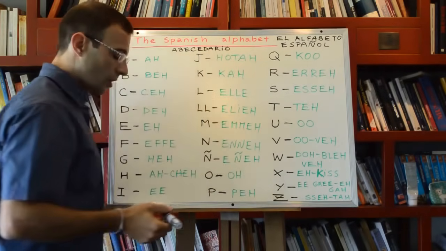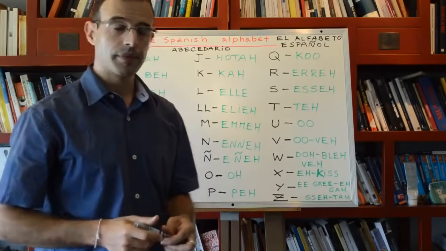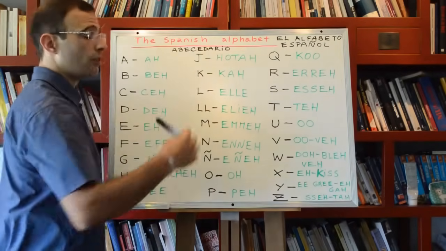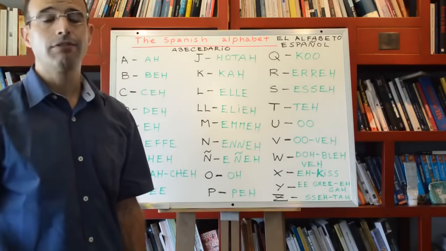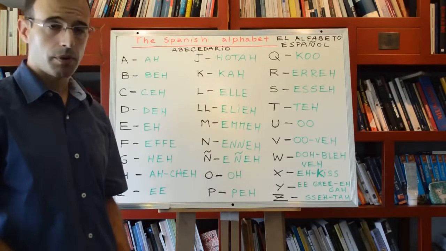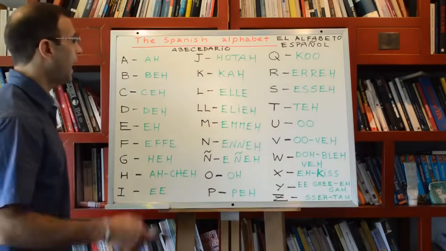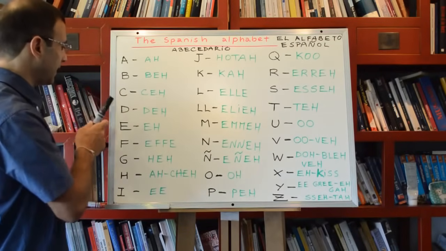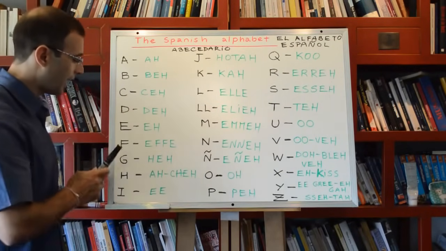Both words are as correct. El abecedario español or el alfabeto español. Good. A, B, C, D, E, F, G, H, I.